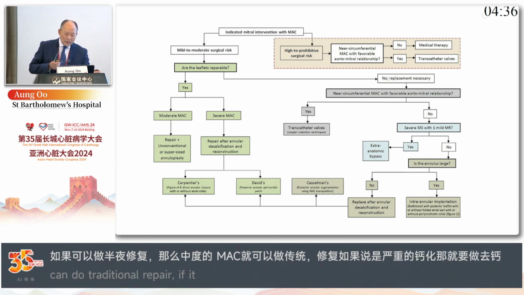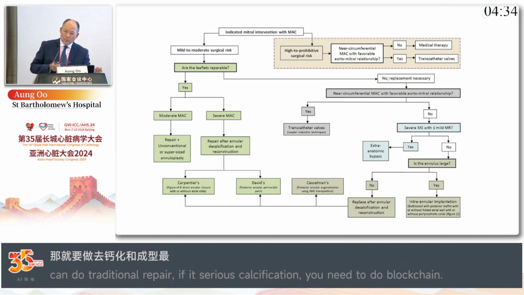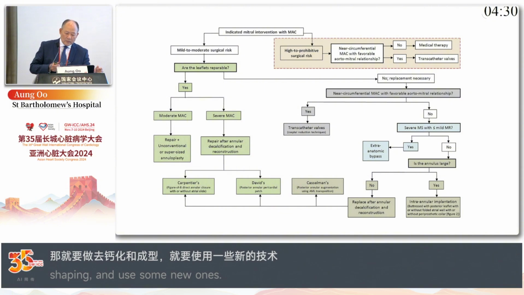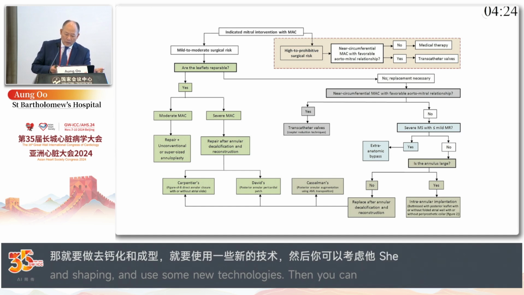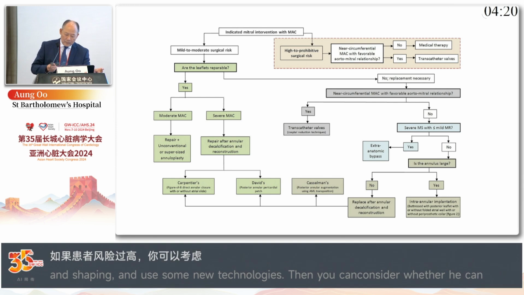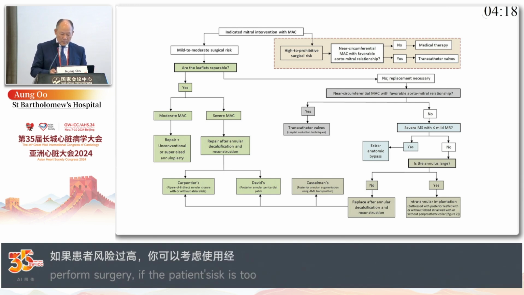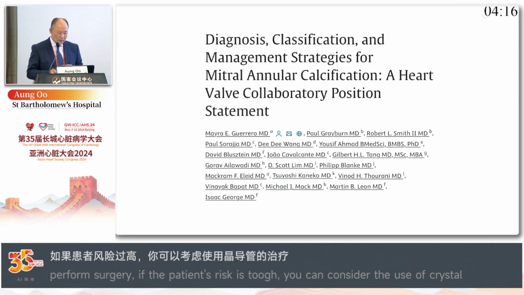If it's high or prohibitive surgical risk, then you can consider medical therapy if the patient risk is too high, or consider using transcatheter therapy. So let's move on to the transcatheter approach.